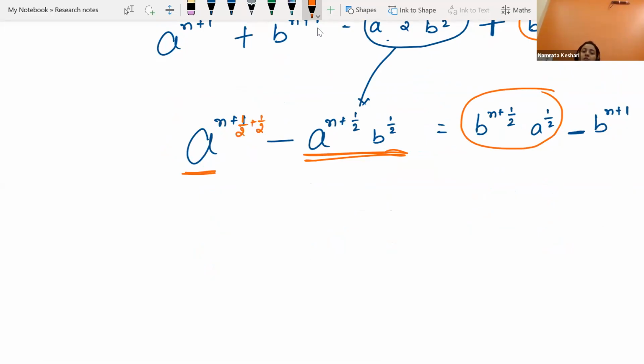Yes or no? Yes, ma'am. Okay, let's take it. We took a to the power n plus 1 by 2 common. So what did we get in the bracket? We got this in the bracket.